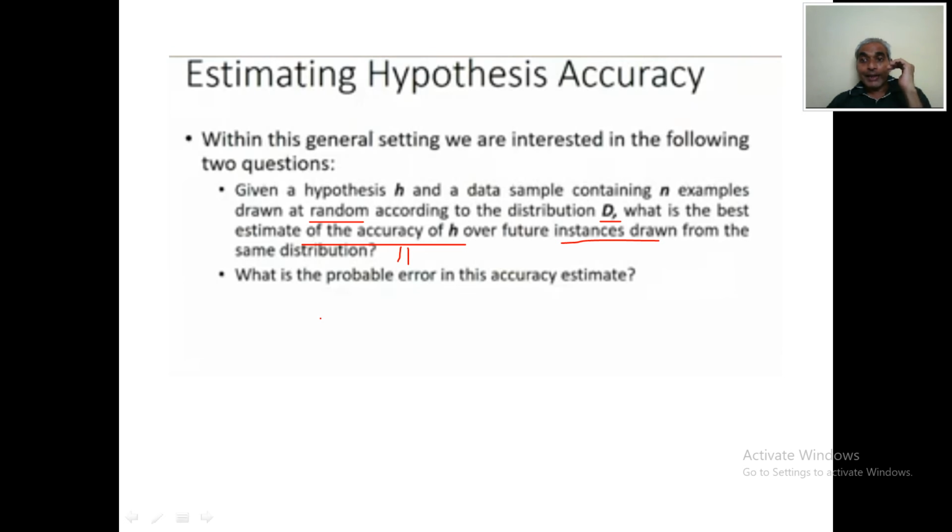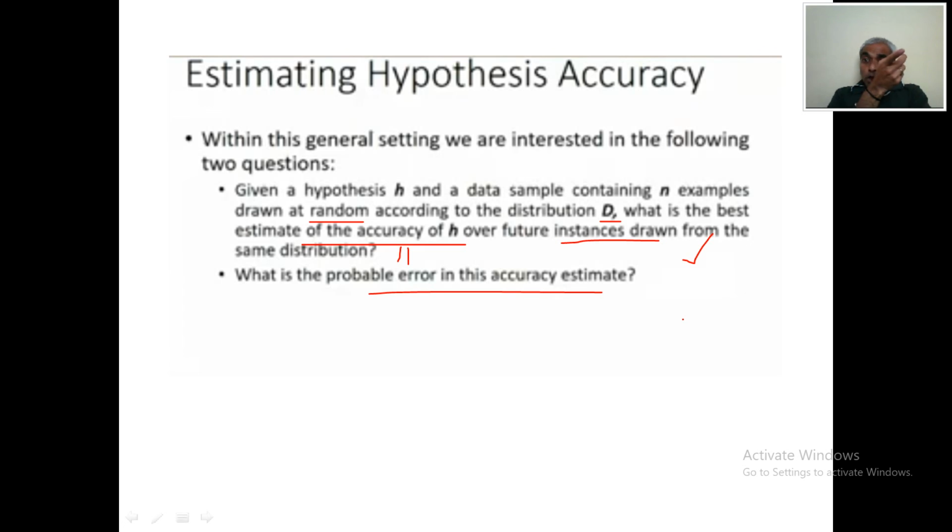The second important question is: what is the probable error in this accuracy estimate? You conducted one survey today, right? With this particular survey you made an estimate that, say, 60% are going to purchase the skis and the remaining 40% are not going to purchase.